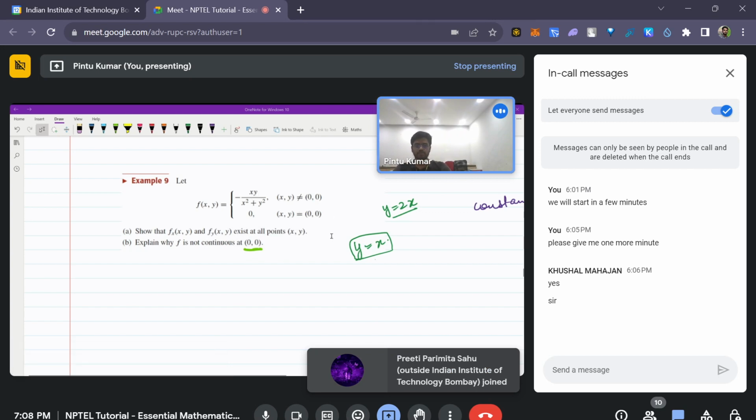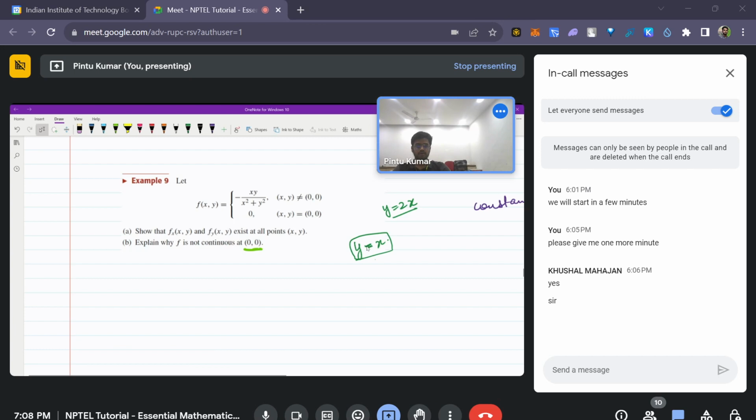So let's say I want to approach 0 comma 0 via this line y is equal to x. So what is the function value? So I want to calculate f of 0 comma 0. Let me use some better notation. So this is the limit as y tends to x of f of x y, and we want to calculate it at 0 comma 0.